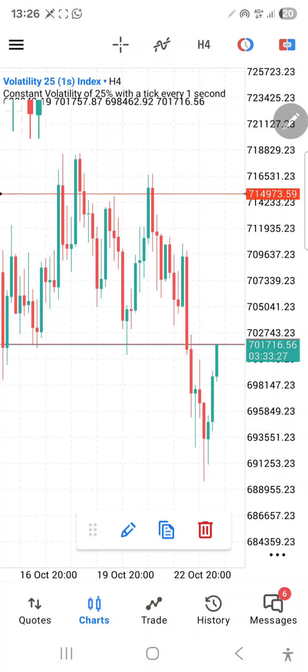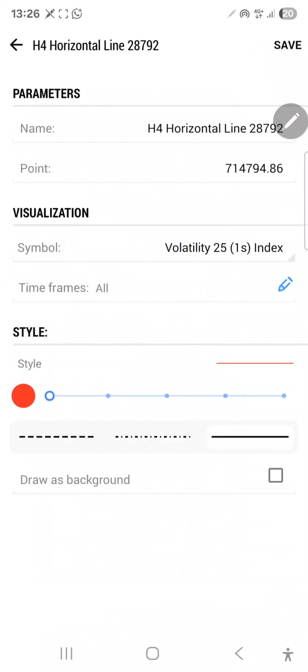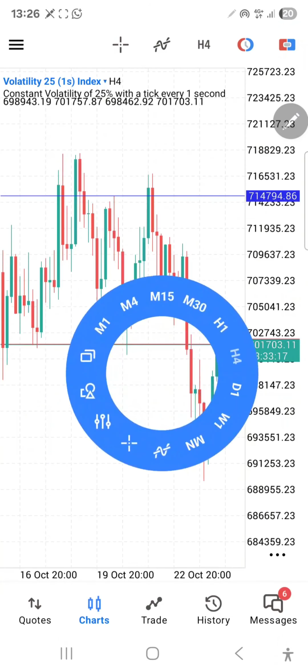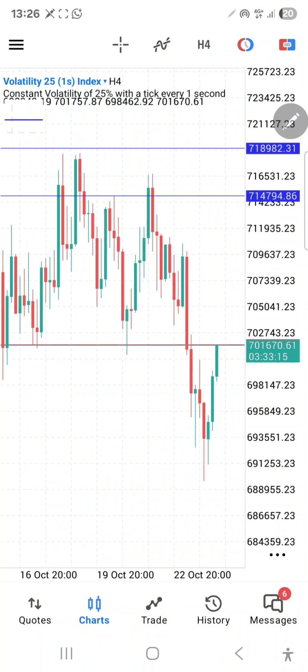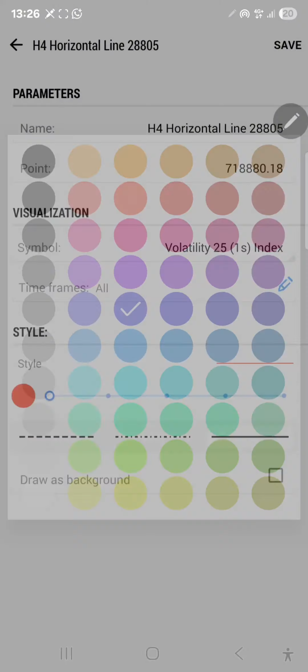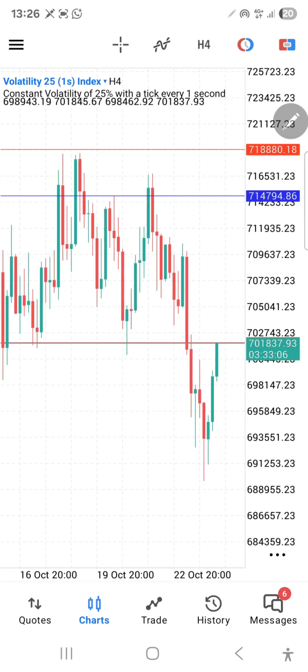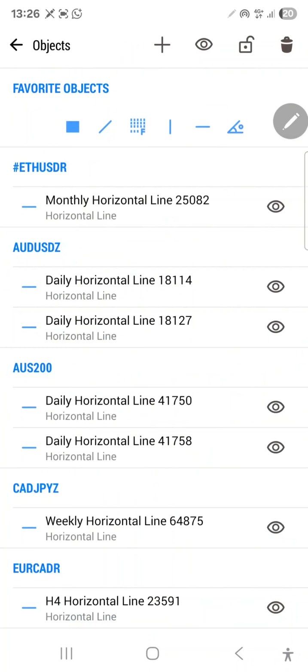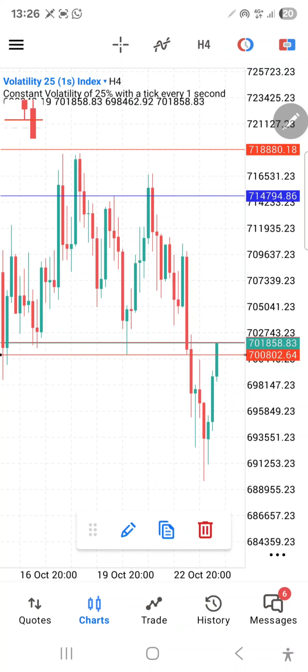Actually, the buy was from here, from this blue line, the same model I trade from this blue line, and my stop loss was here. And my TP was here.